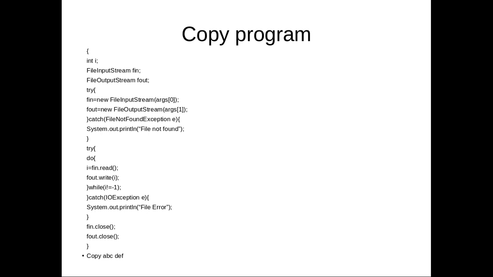So that's all about opening, reading, writing, and closing of a file. With regard to this, you have to remember two stream objects, just FileInputStream and FileOutputStream, and the methods are read, write, and close. Okay, there is no explicit open statement. Once you create a FileInputStream or FileOutputStream, automatically that object or that file is open. That's all.